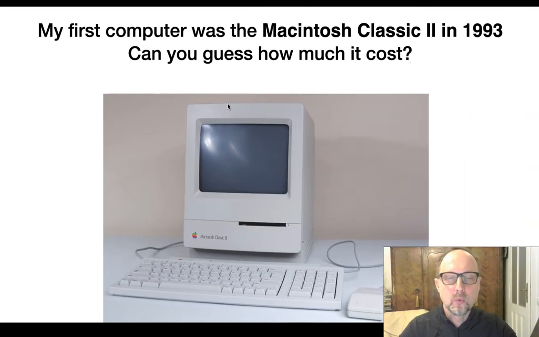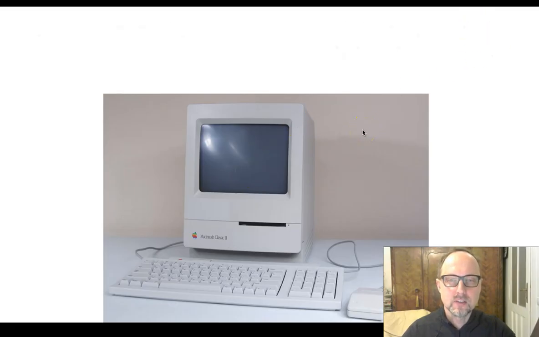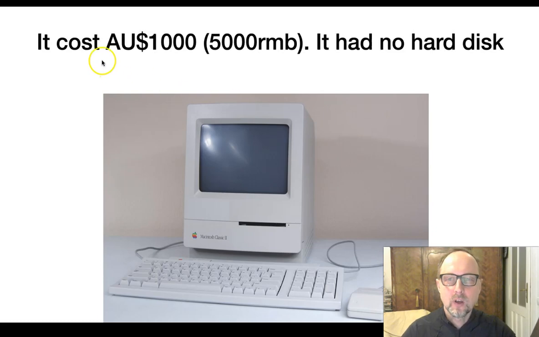My first computer was the Macintosh Classic 2, which I got in 1993. Can you guess how much it cost? This was what Mac computers looked like in the early 90s, and it cost me 1,000 Australian dollars, which is about 5,000 RMB in today's money.